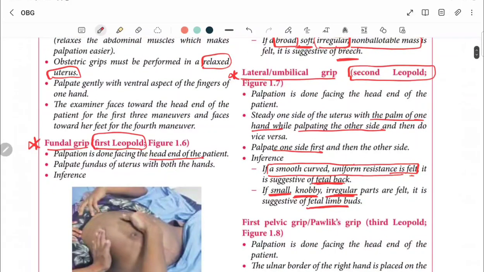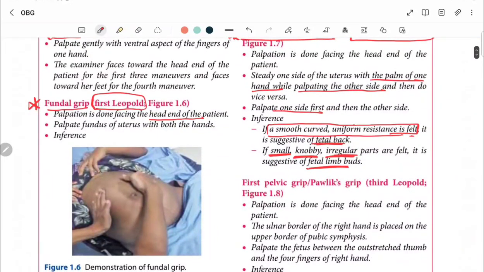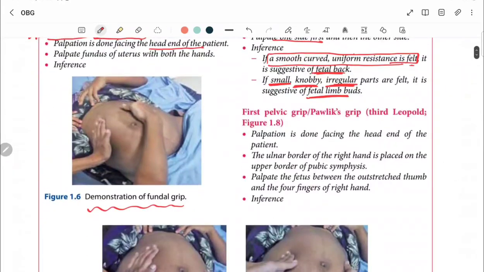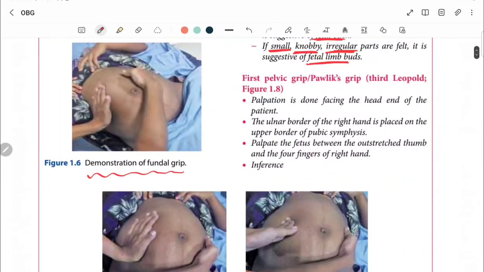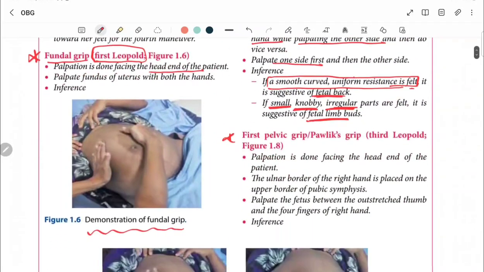Now moving on to second Leopold, that is lateral or umbilical grip. If it is smooth, curved, uniform resistance, then fetal back. Small, knobby, irregular parts, then it is suggestive of fetal limbs. Now next, moving on to the pelvic grip. So we finished fundal grip, the first Leopold, and lateral or umbilical grip, which is the second Leopold.